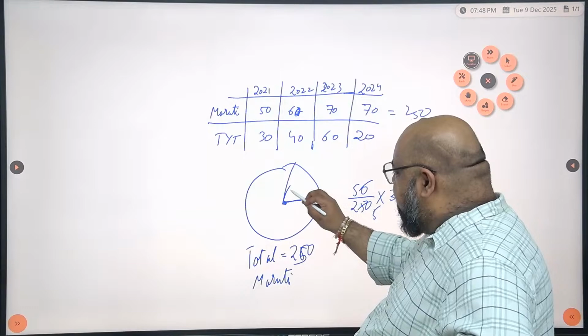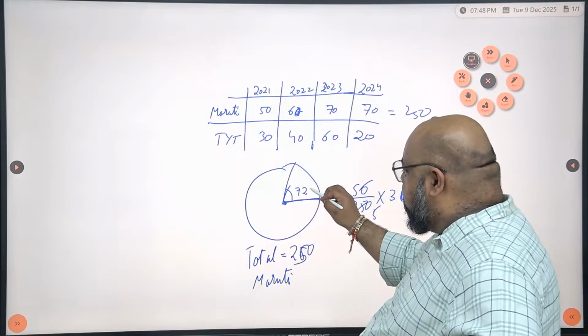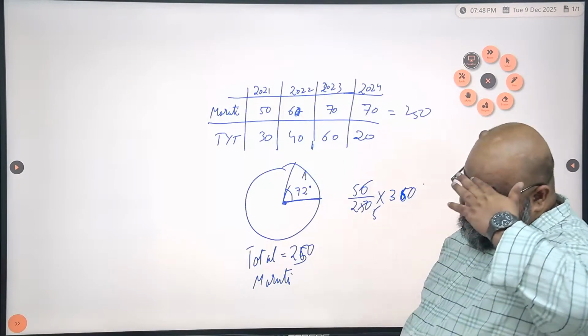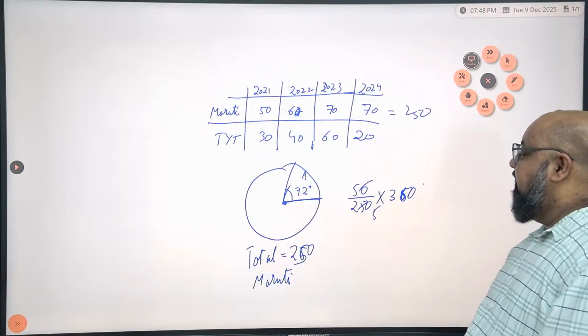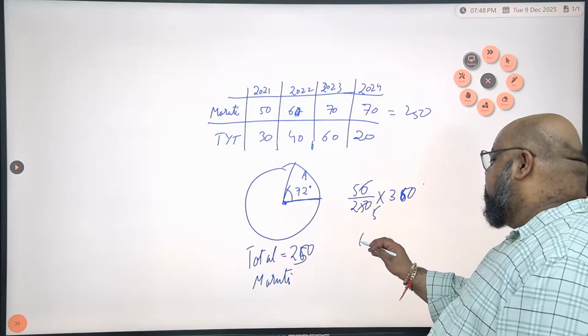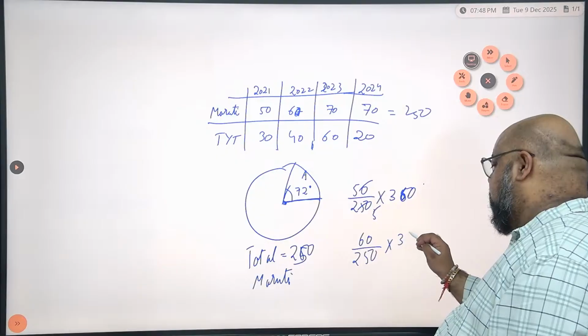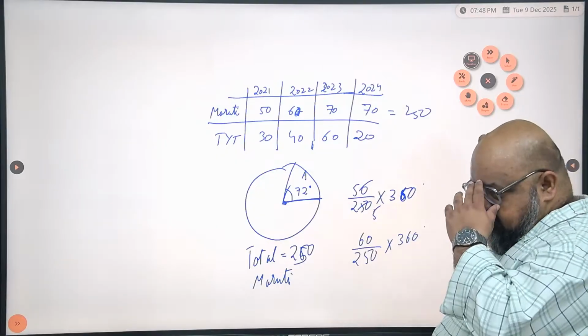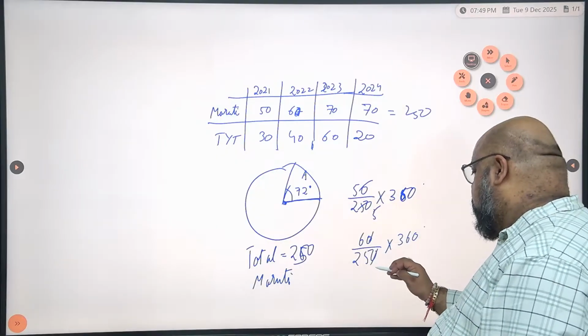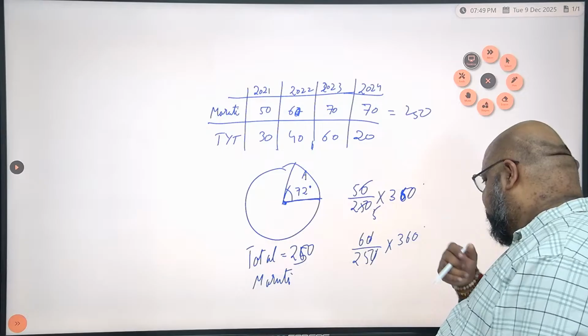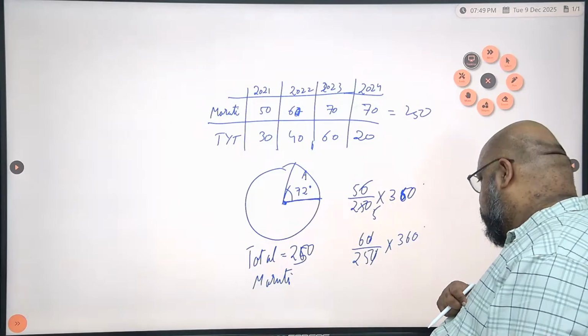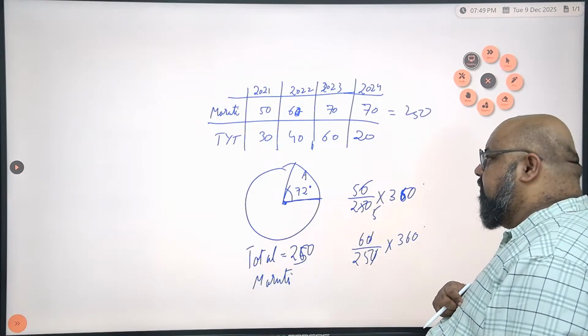So I'll draw baseline, from there I'll draw 72 degrees. This becomes A. Similarly, we calculate B. B will be 60 upon 250 into 360 degrees. So this will come out to 24 into 36, 12 144.